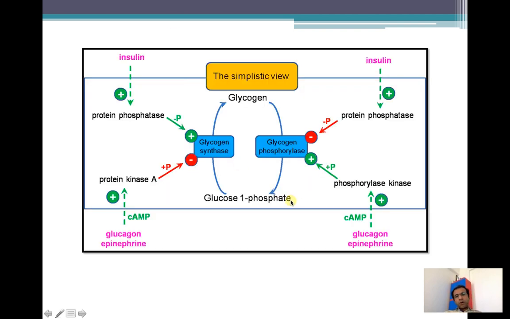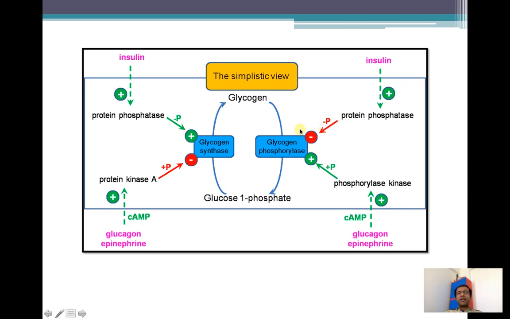Now coming to the hormonal regulation, as we already know, insulin will inhibit those pathways which generate glucose. So in glycogenolysis there is a production of glucose, so insulin will inhibit it.